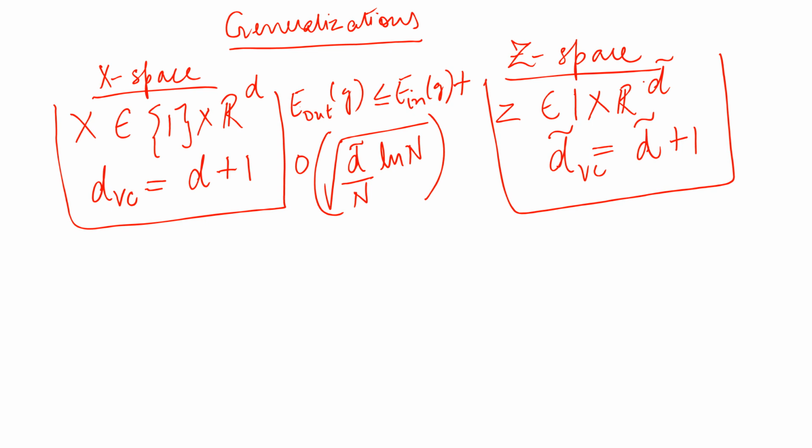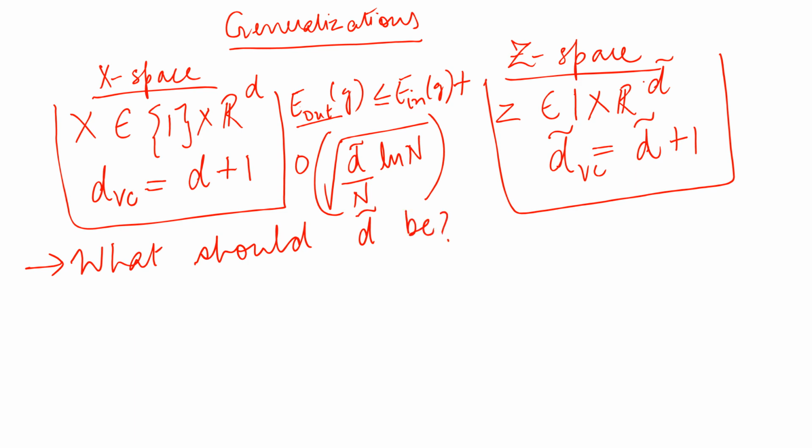Now what should this D tilde be? That's what we are interested in, so that we get a decent relationship between E out and E in. So the question we're trying to answer is, what should this D tilde be?